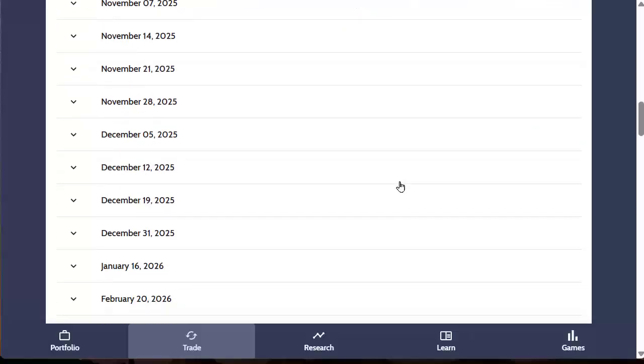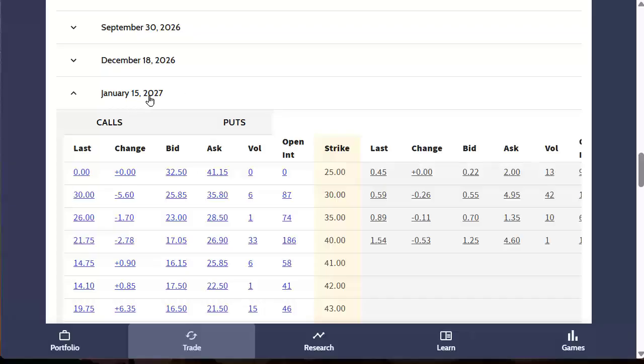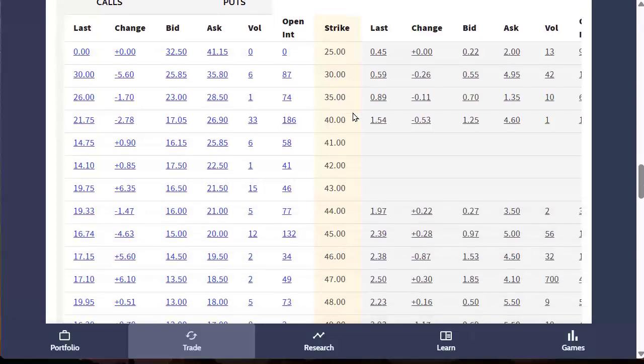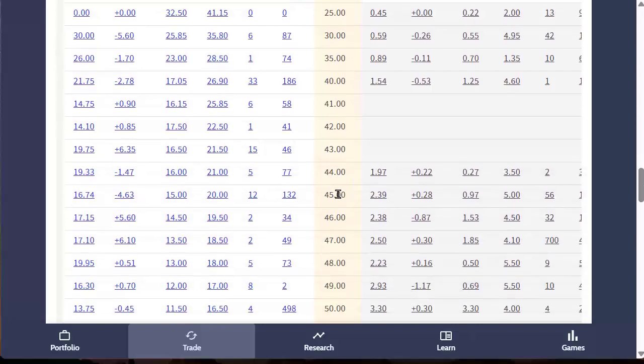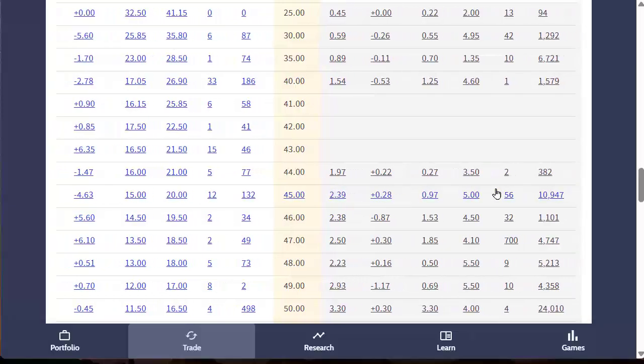Now we're going to go down back to January 15th of 2027. And we're going to look at $45, and I'll show you why we're looking at $45. We're looking at $45 because there's already 10,947 bets made at this $45 level. And that's as I'm watching this just now at this moment.